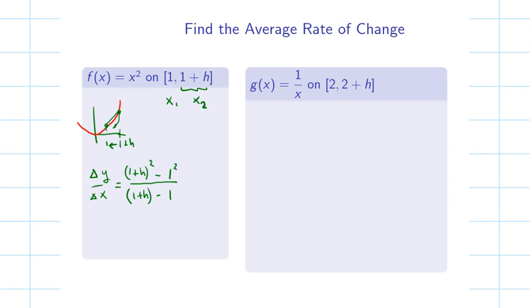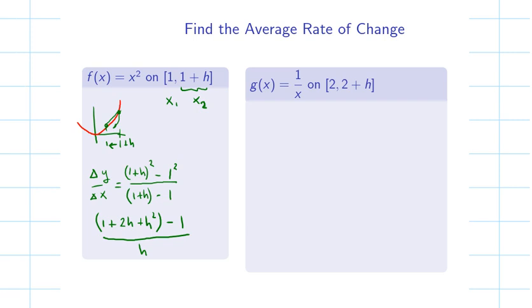And we should simplify this. It actually does simplify. 1 plus h quantity squared is 1 plus 2h plus h squared. That's a binomial. If you forget how to do that, make an appointment with the instructor, or with me. And in the denominator, the 1's cancel, we just have h.